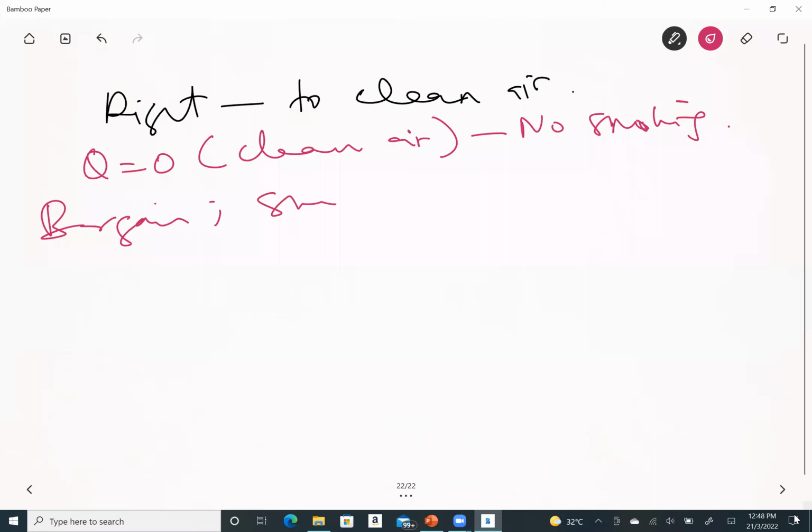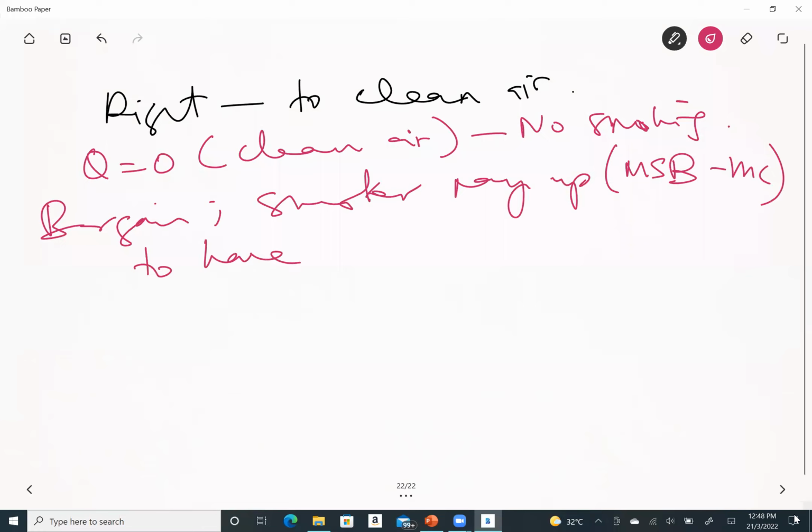The smoker is willing to pay up to MSB minus MC to have one more cigarette smoke.